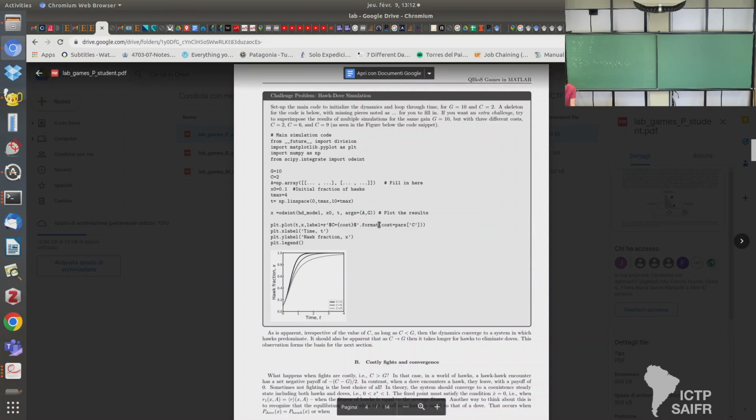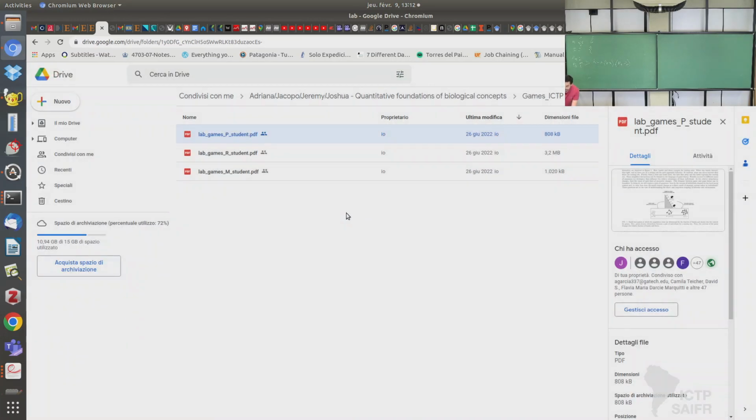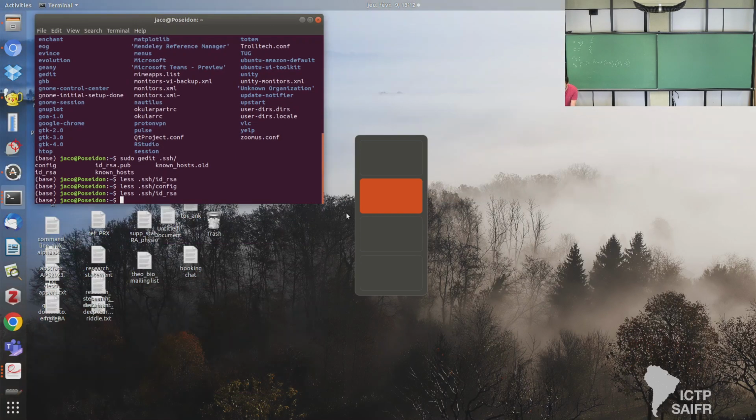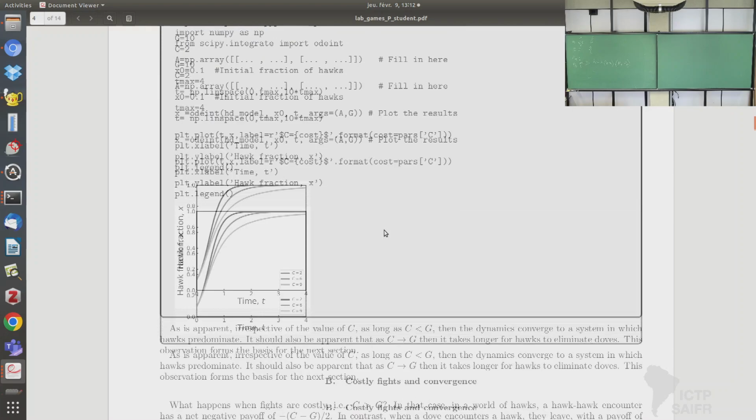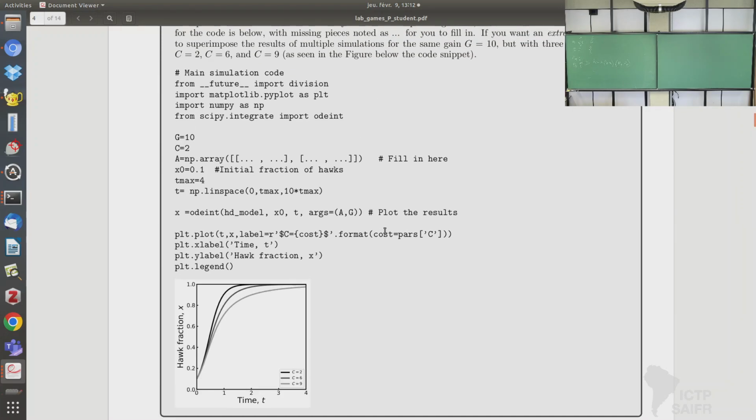You need to fill in some parts to complete this, okay? And in the solution, there's going to be the whole code and the plots you're supposed to produce. In this case the plot is already here, but still you need to do it yourself. You need to fill in some parts, okay?